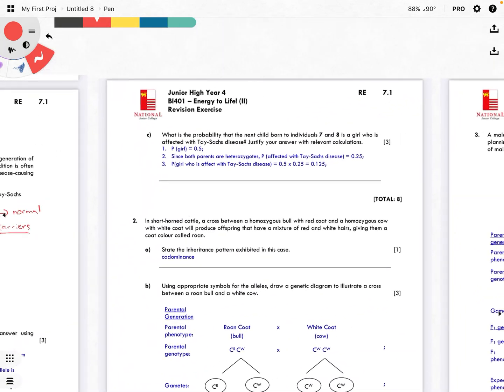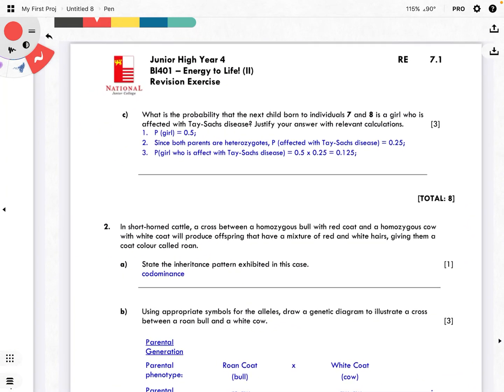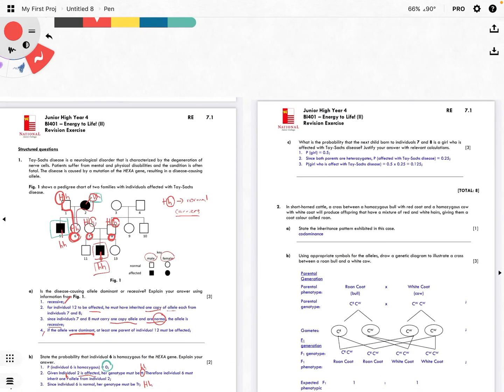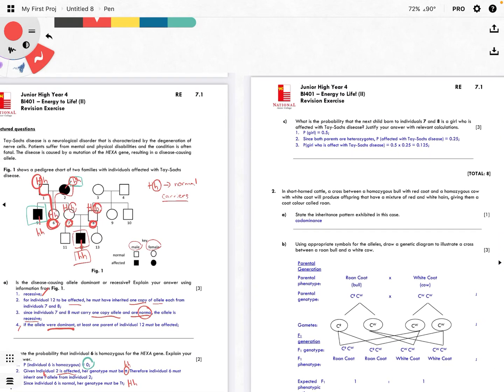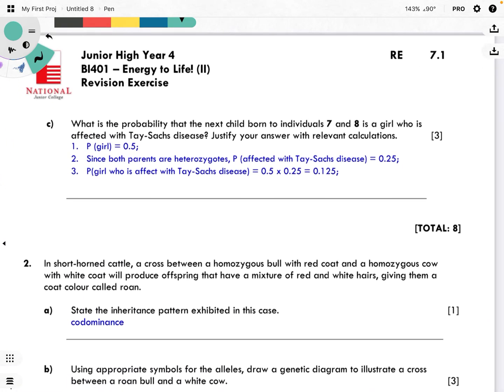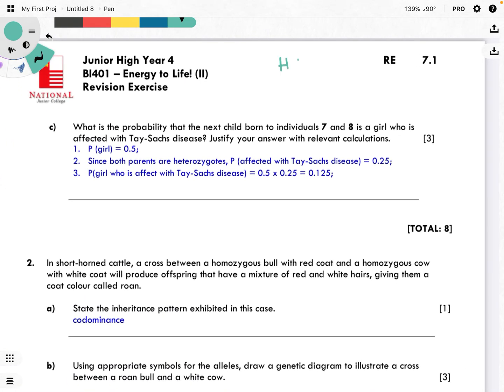Okay, finally, let's look at C. What is the probability that the next child born to 7 and 8 is a girl who is affected by Tay-Sachs disease? So, individual 7 and 8, we see that their genotypes are heterozygous in nature. So let's put the two parents together. If we look at the Punnett square, these are the possible genotypes of the children.